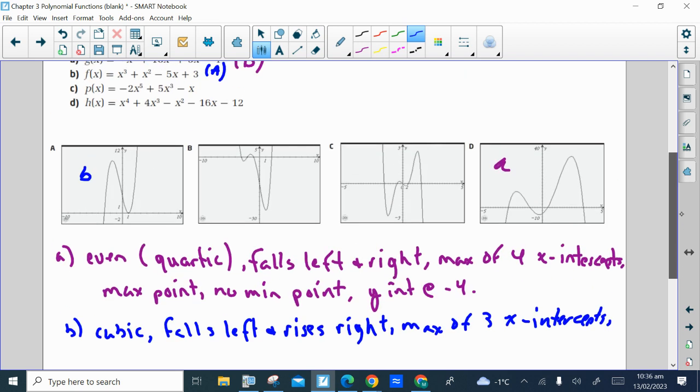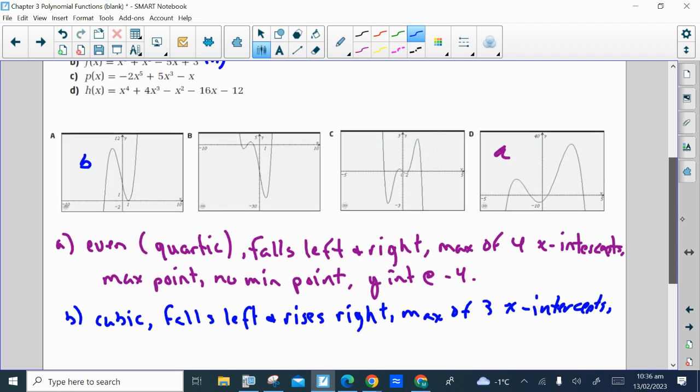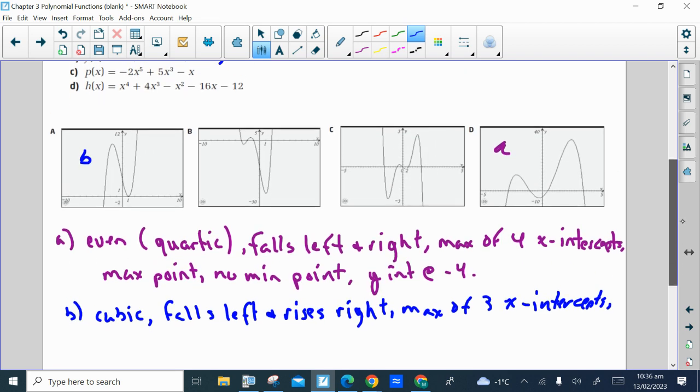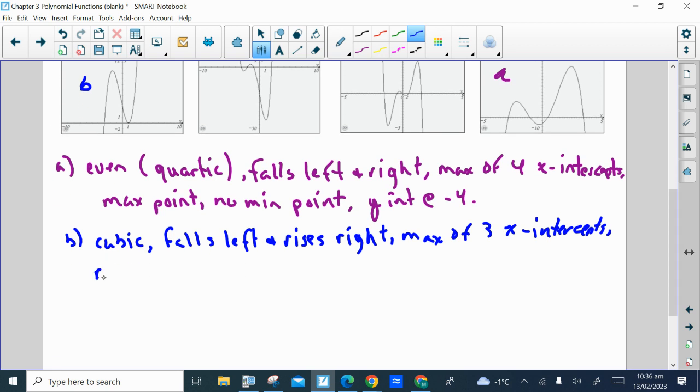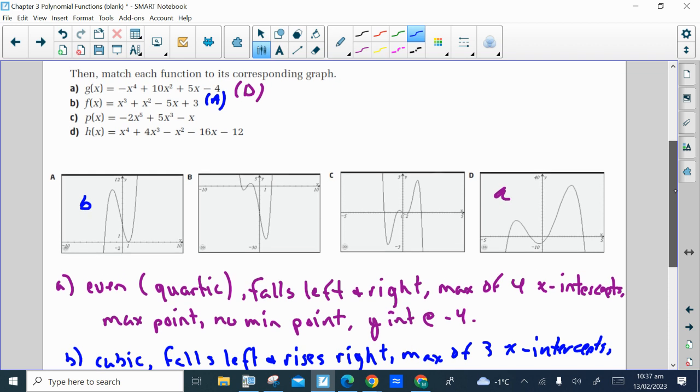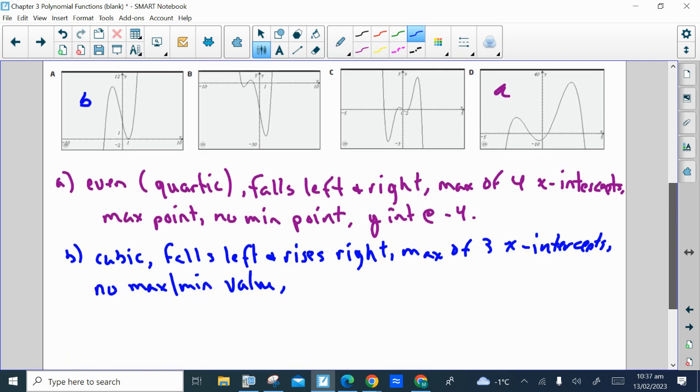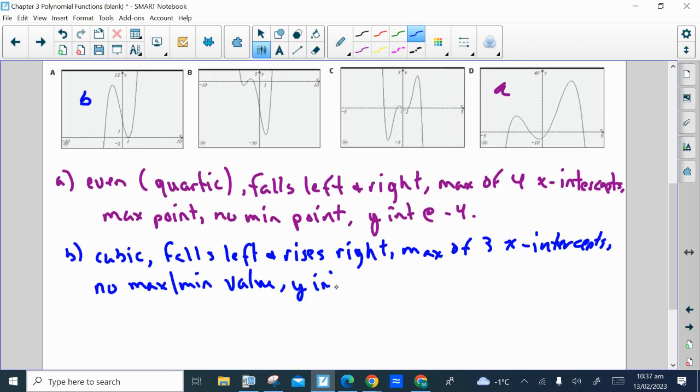And because it falls to the left and rises to the right, there is no max or min value. And the y-intercept, remember, is the same as the constant term, which would be +3. That's our constant term.